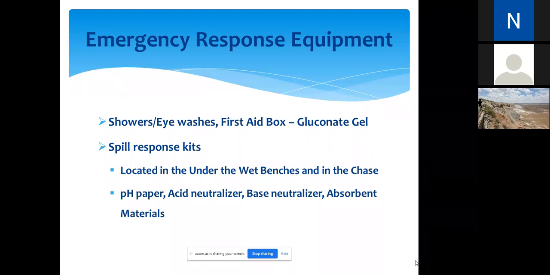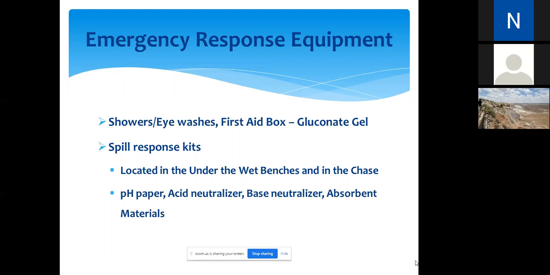When you first walk into the clean room, somebody's going to give you an orientation of that space. You need to make sure you know where all the different emergency response equipment is, your eye wash, your showers, your first aid boxes, and usually the gluconate gel is close or right there at where the corrosive hood is, because that's the only place you're going to be using it.